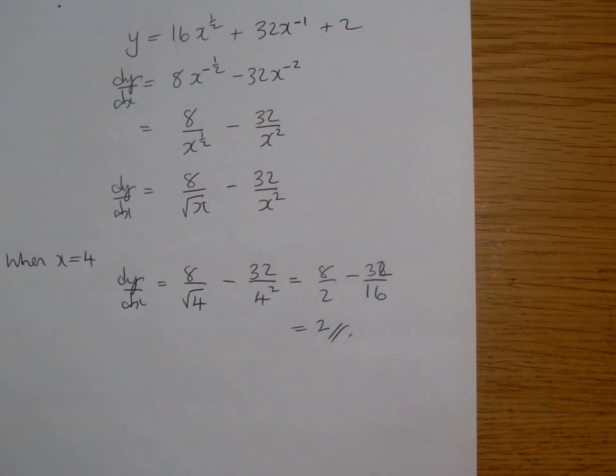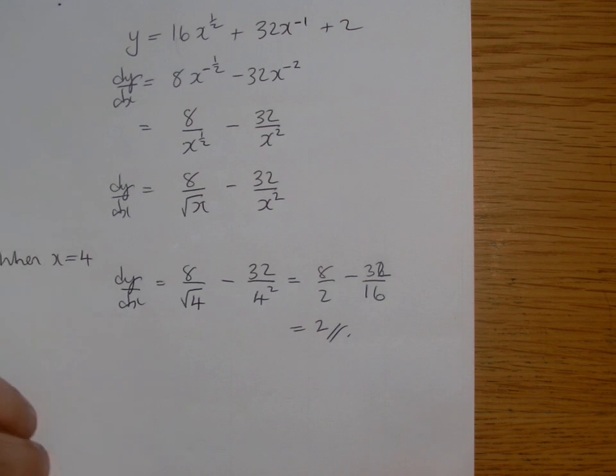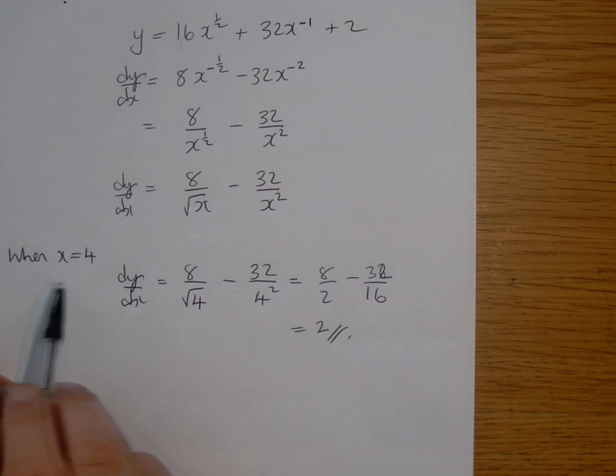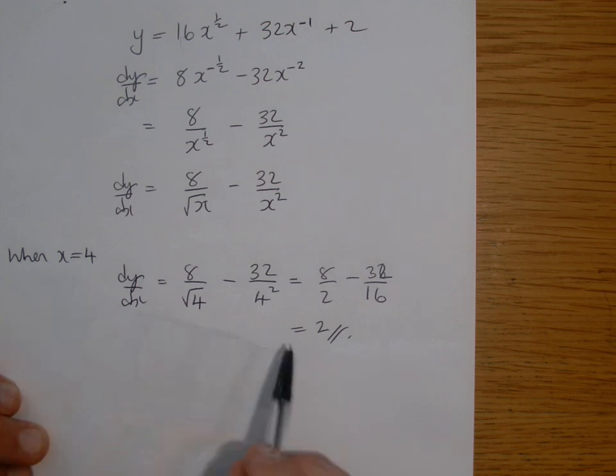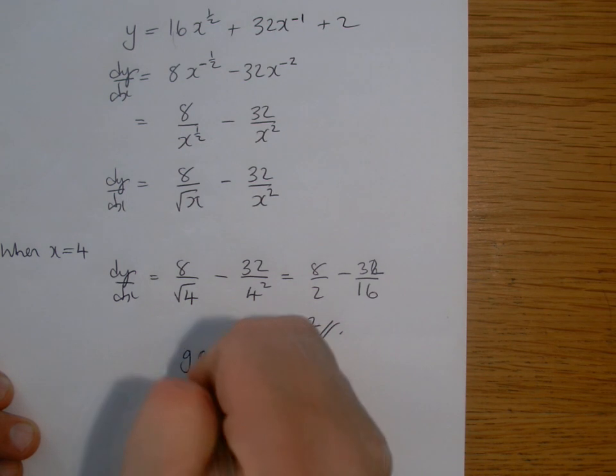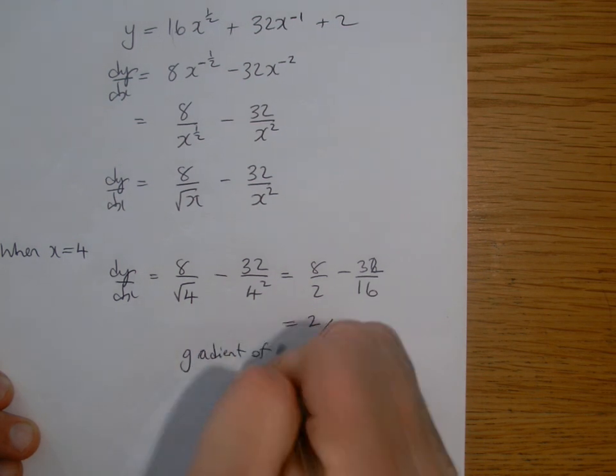Part B then, it says find the equation of the normal to C at the point where x is equal to 4. So think about what we've done in part A. When x is equal to 4, we worked out dy dx to be 2. That is the gradient of the tangent.